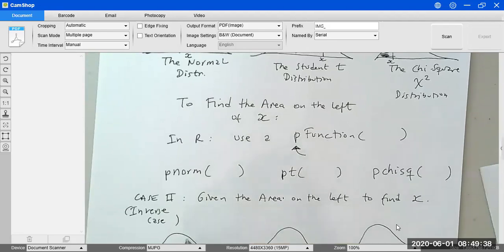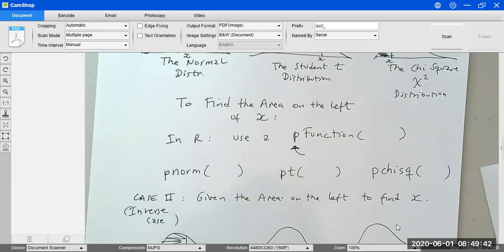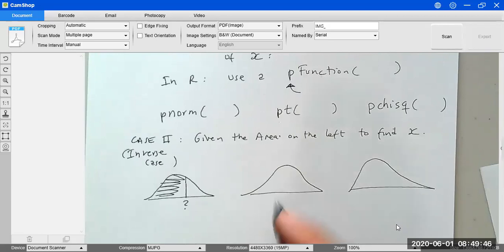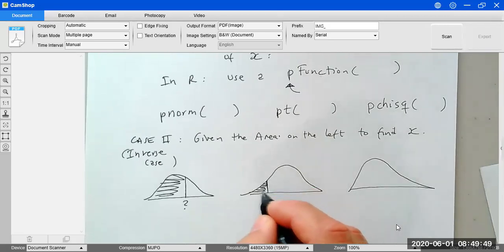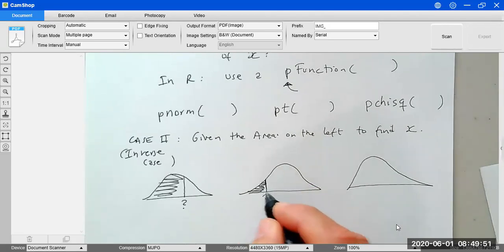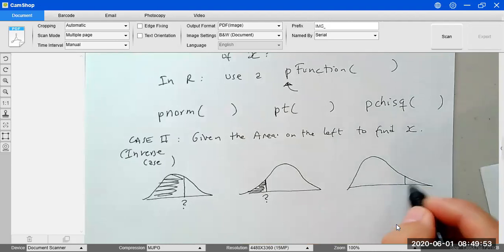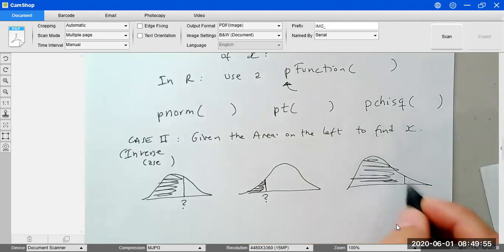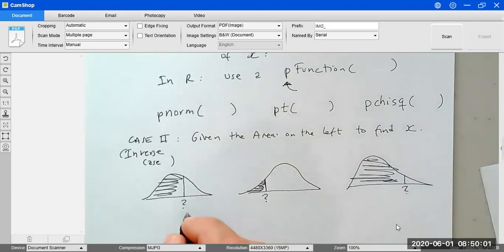In those cases, you are given now an area. This is given, and you want to know this value here. So maybe you are given this piece, and you want to know this value here. What is the value of x? Or you are given all this area, and you want to know this value here. So these values that we're going to call quantiles. So this is going to be a quantile.